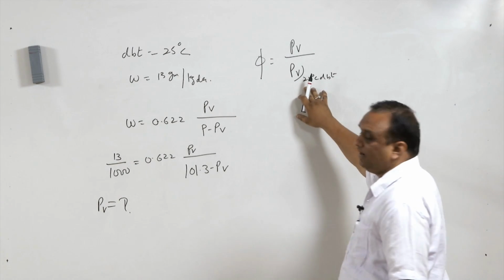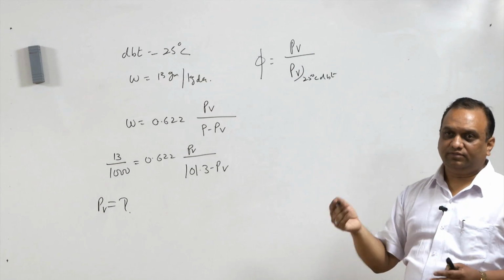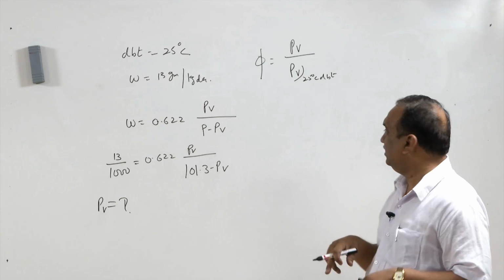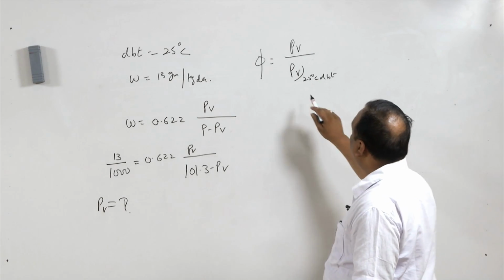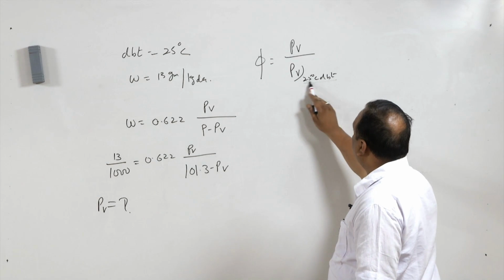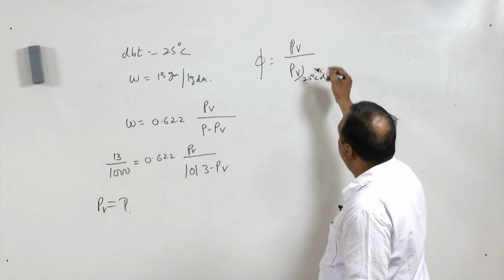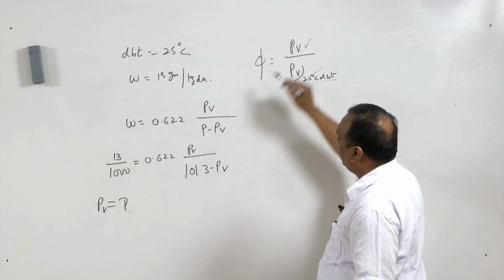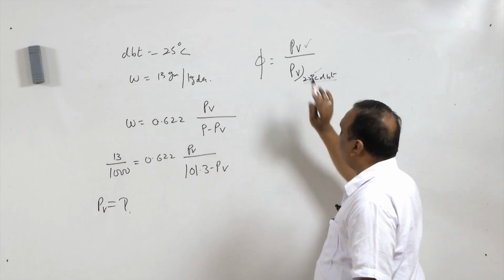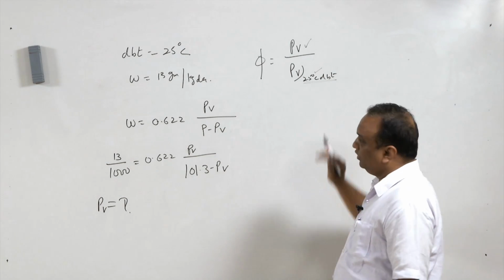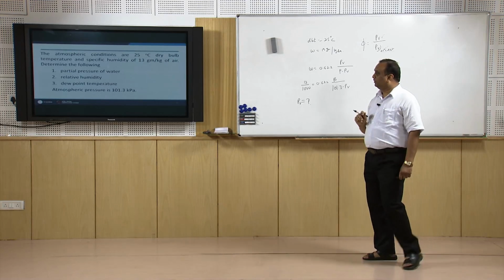This we can take from the properties of steam. You just take the steam table, and from the steam table the partial pressure of water vapor can be taken at 25 degree centigrade, and the partial pressure we have calculated from here. The ratio between these two will give the relative humidity.